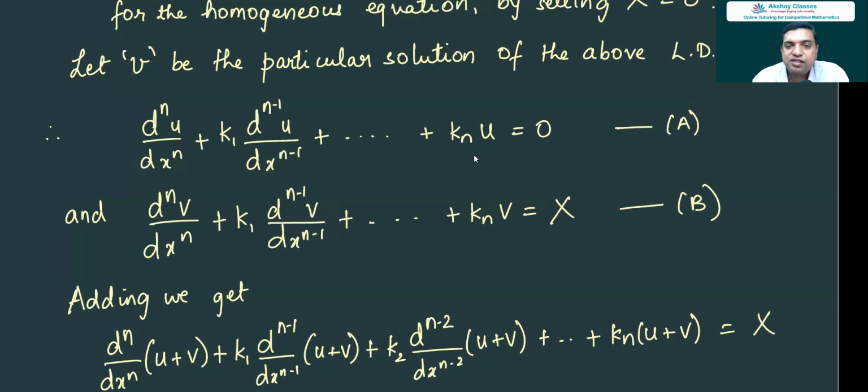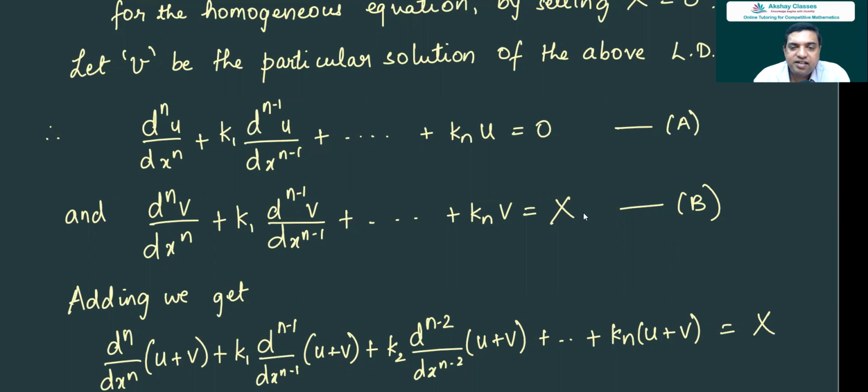So U satisfies this equation. And V is a particular integral, or a particular solution, for the non-homogeneous differential equation. So V will satisfy the original given equation.